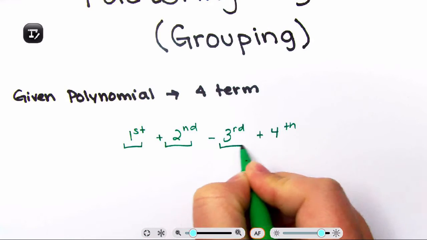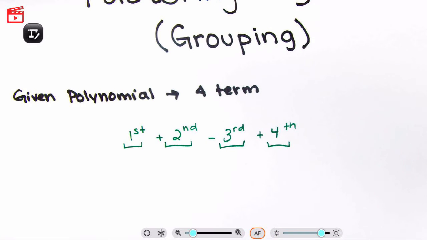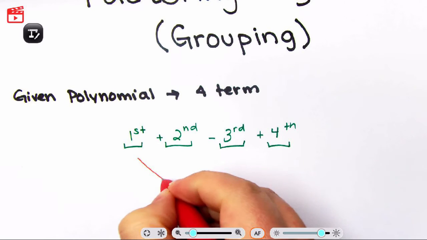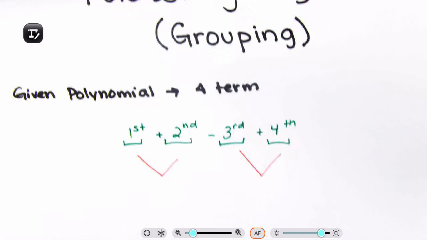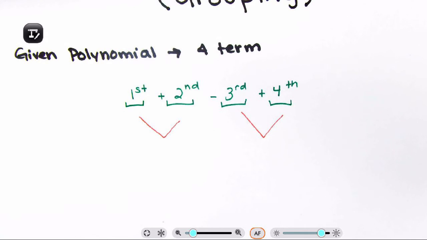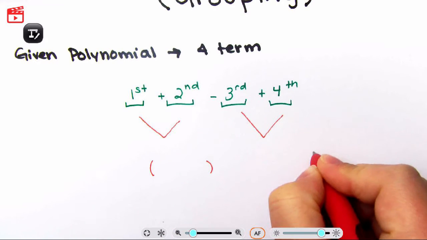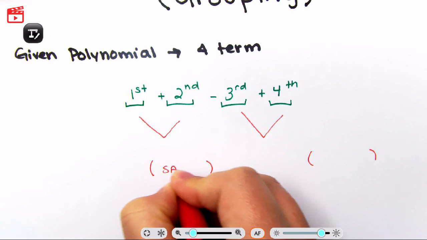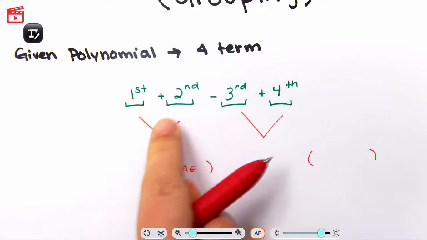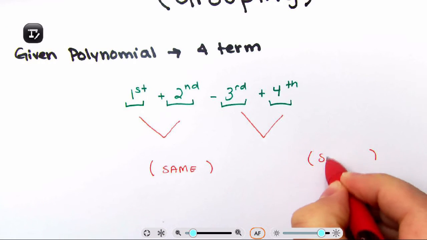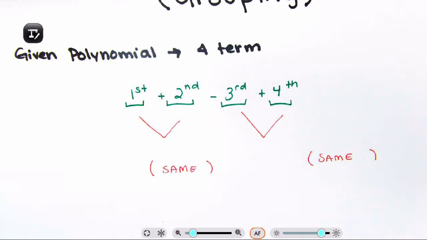And so when you're grouping, you're going to group the first 2 terms together, and you're going to group the second 2 terms together. Now, what we want is to create bubbles that are going to be the same. Same for these 2, and then same for these 2. And how we're going to create these bubbles is we're going to pull out a GCF from the first 2 terms and a different GCF from the second 2 terms.